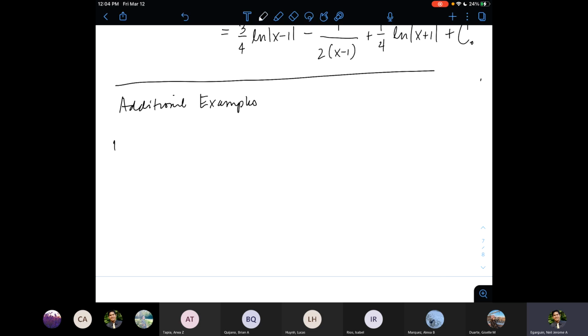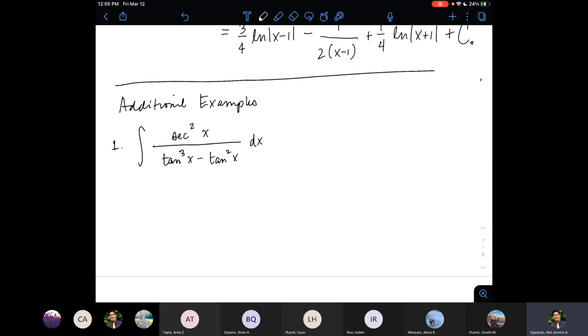So there are some cases wherein you'll not suspect at first glance that you're going to use partial fraction decomposition. So for instance, you're given the integral of secant squared x over tangent cubed x minus tangent squared x dx.